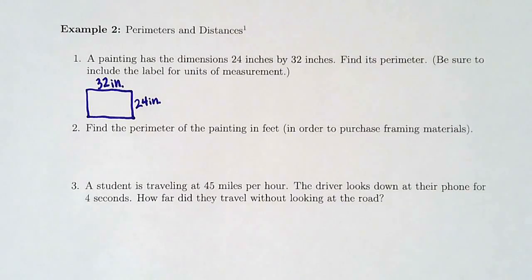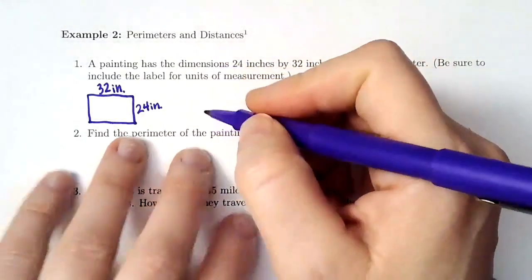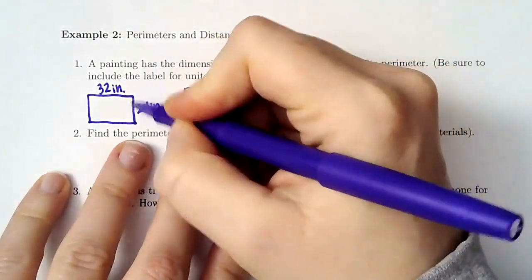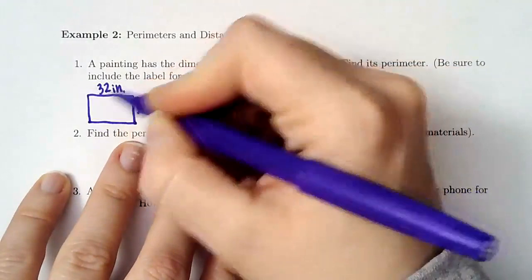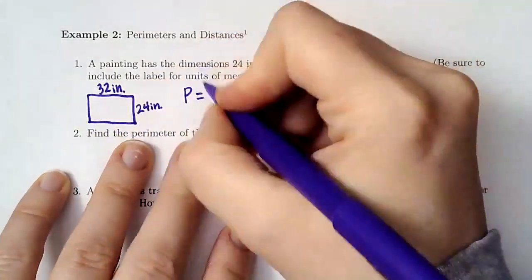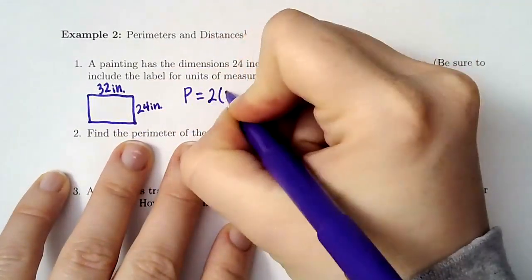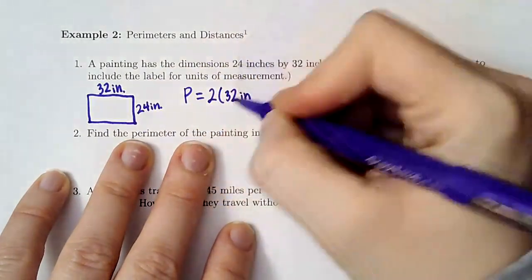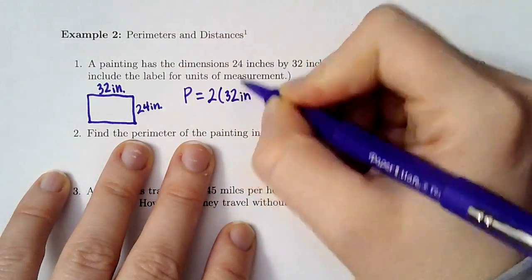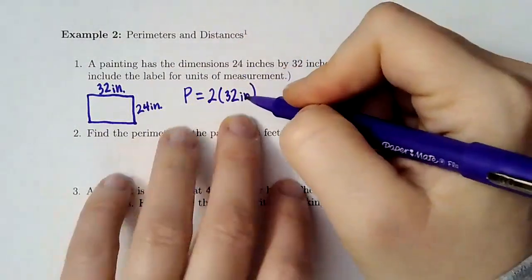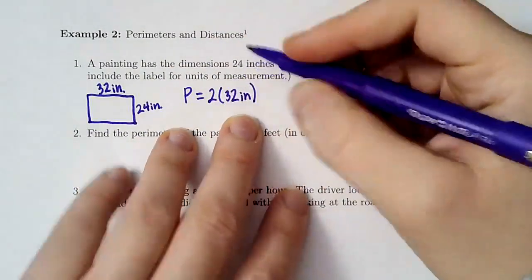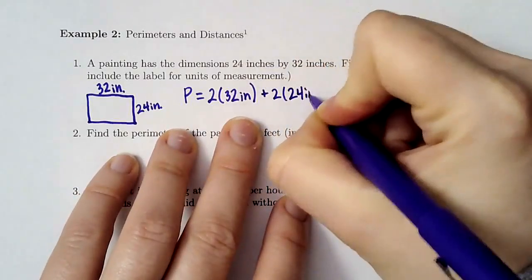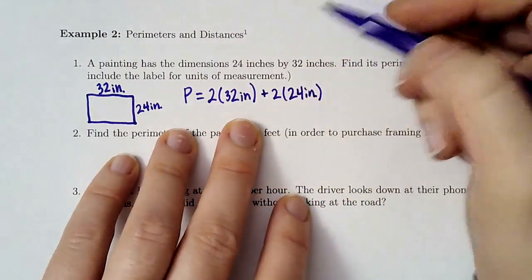Okay, well, let's see. The perimeter is 2 added lengths. So 2 added 32 inches, or 32 inches added 2 times, and 24 inches added 2 times.